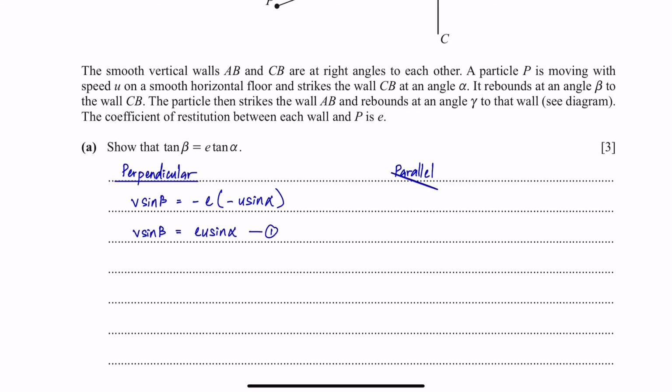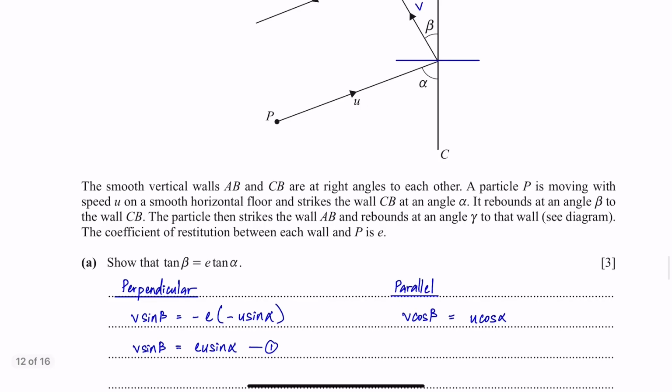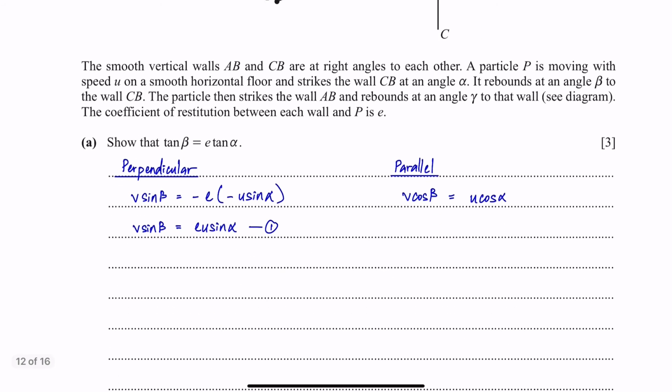And for the one parallel to the wall, we have v cos beta equal to u cos alpha. The speed parallel to the wall doesn't change. Okay, so this would be the second equation.